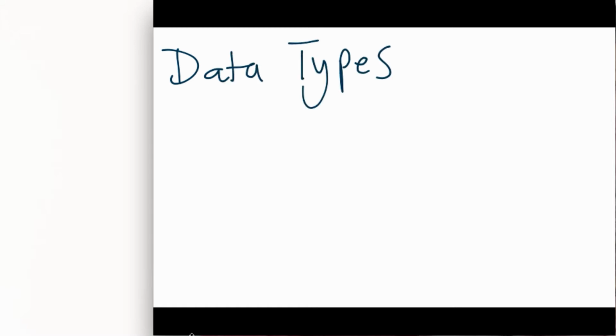Now, in information handling software applications like databases, we have to decide very early on what data we need to collect and what data types that data will fall into. So here are the data types that you could choose in a database.